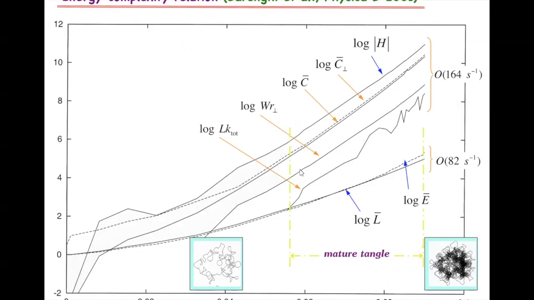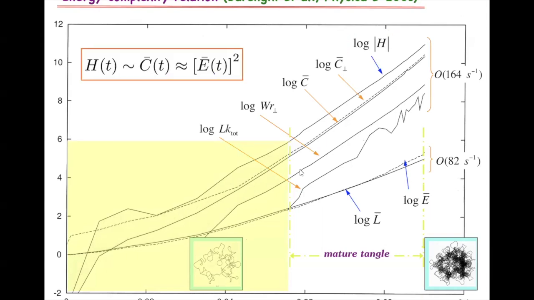And what is the result of this? You consider the mature tangle, you compute helicity, you compute energy, you compute total length of the tangle. Remember, energy goes up because we pump energy in order to produce turbulence. And finally, this is the last slide. We want to relate one of these quantities. They grow in time, similarly to energy.